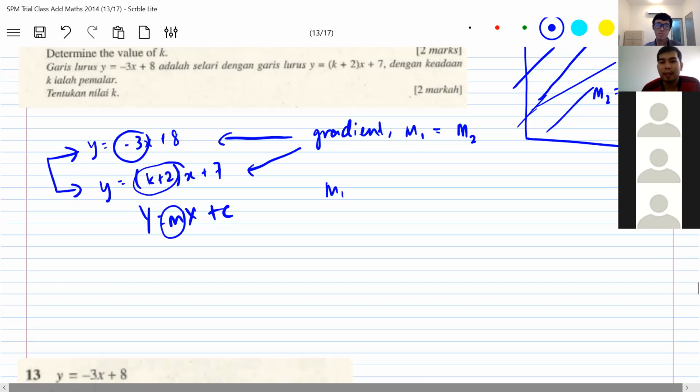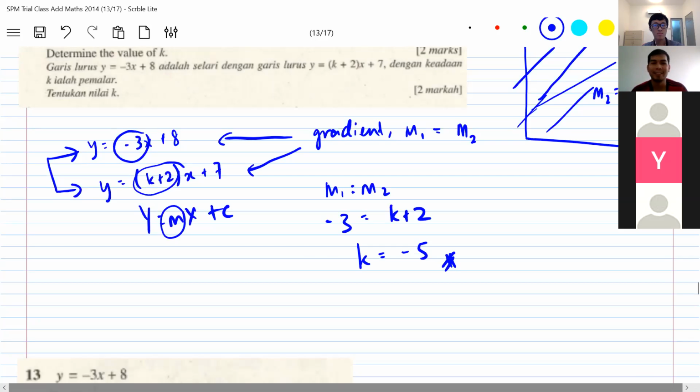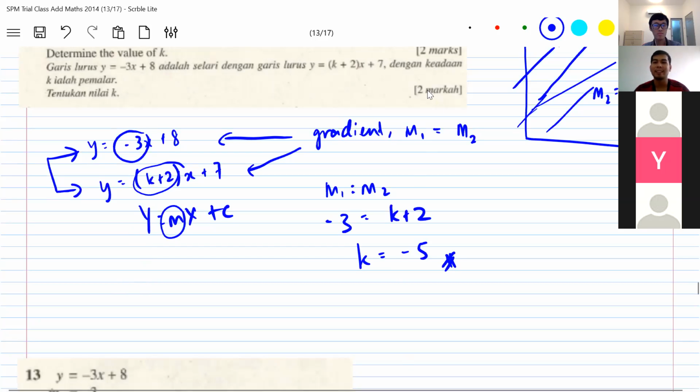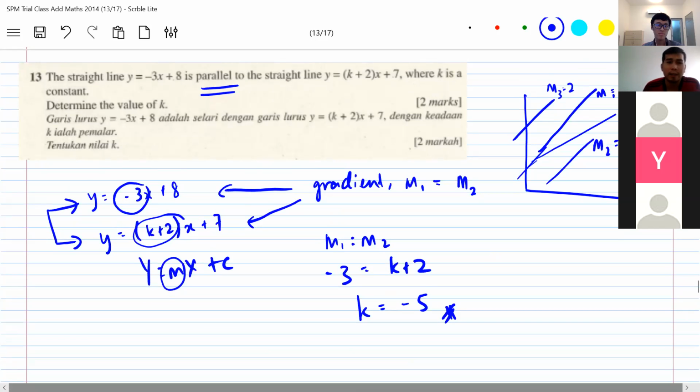So since m1 is equals to m2, minus 3 is equals to k plus 2, k is equals to minus 5. There you have it. That's your answer. It's a relatively easy question, you see. It's just a 2 marks question. You should solve this offhand. And the keyword that should strike your mind is parallel. It is parallel to each other.